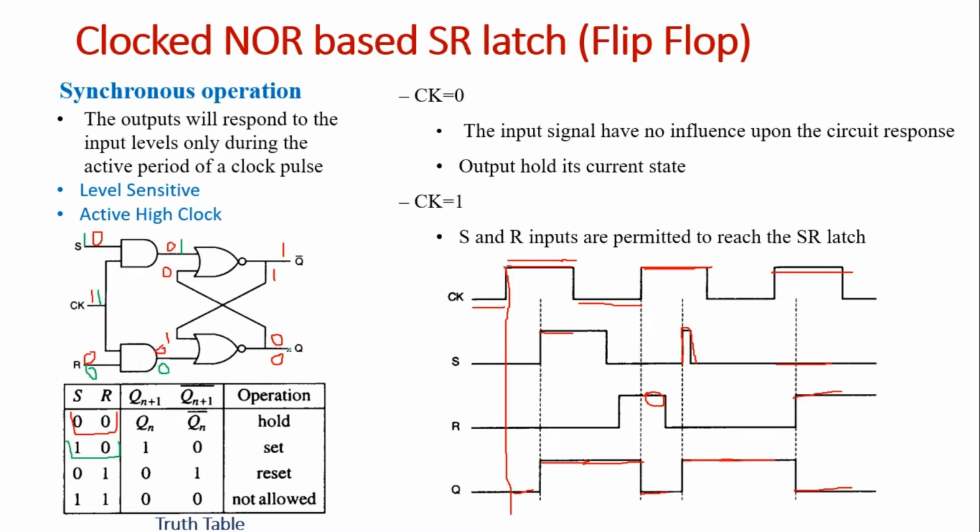Now the output of the previous operation, that is Q, is 0, so 1 NOR 0 will result in 0, and here we have a 1 as the previous operation and 0 as the current state, so 0 over here. The output of the current state is 0, so 0 NOR 0 results in a 1, and that's how during the set operation we have a 1 over here.